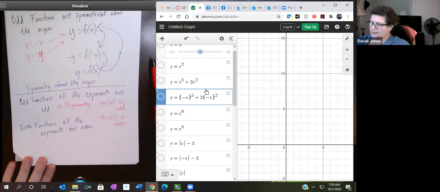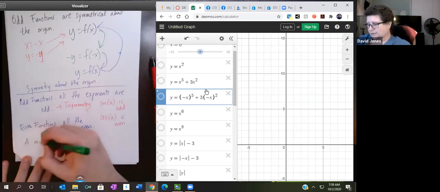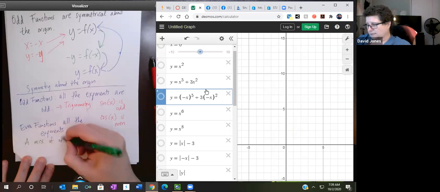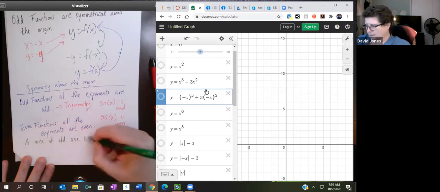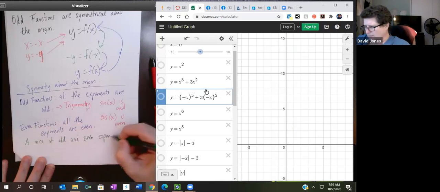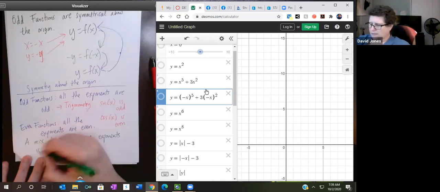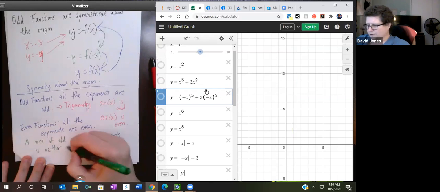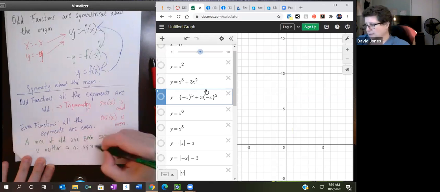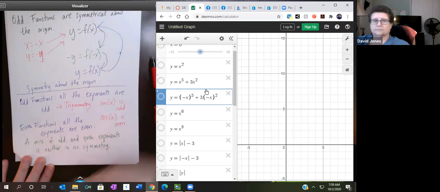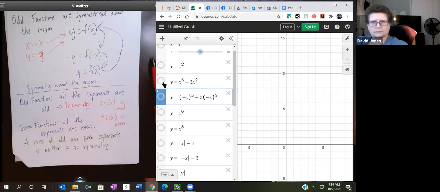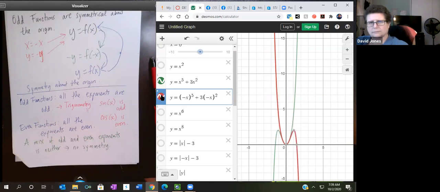A mix of odd and even exponents is neither. And which means there's no symmetry. This one actually looks like a reflection.